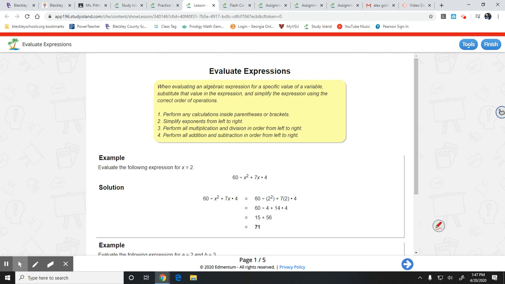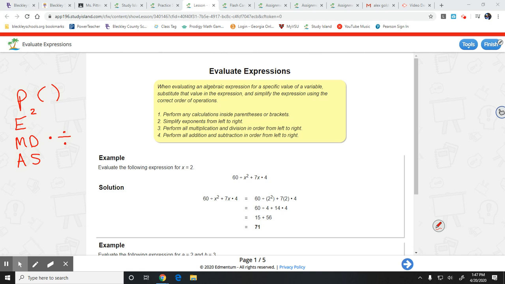When we're evaluating expressions, we use this thing called order of operations, and you've probably seen it before: please excuse my dear Aunt Sally. The P represents parentheses, the E represents exponents, the M represents multiplication, and the D represents division.